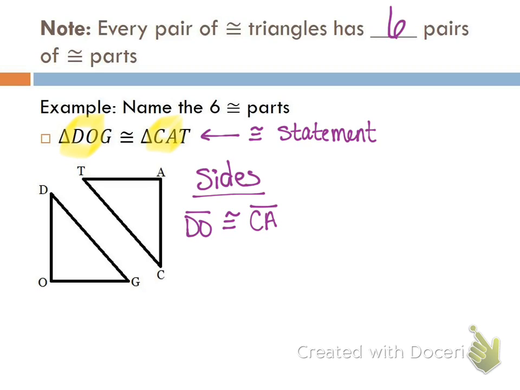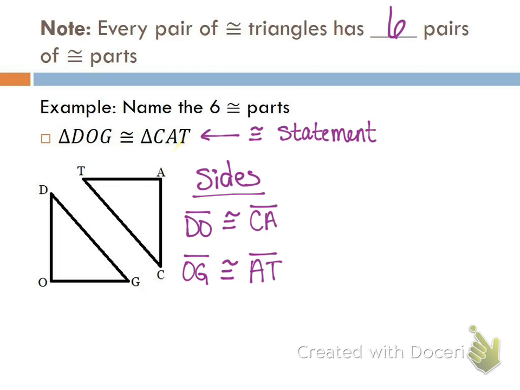It is the same thing. So knowing that they have to match things up for us, what's another pair of congruent sides? OG and AT. Notice that I'm putting the segment bar over these so that I am naming them correctly. If you don't put the segment bar over them, it is not correct.